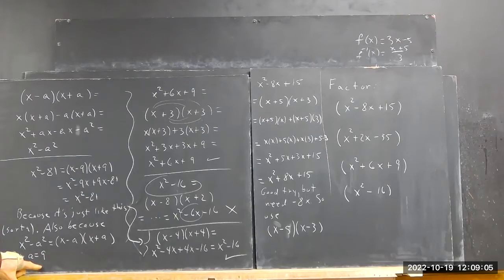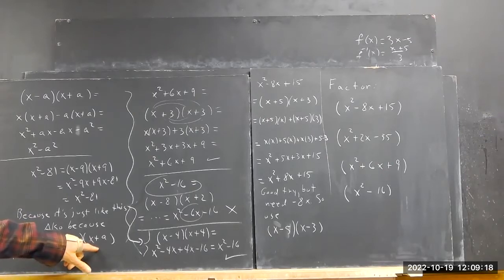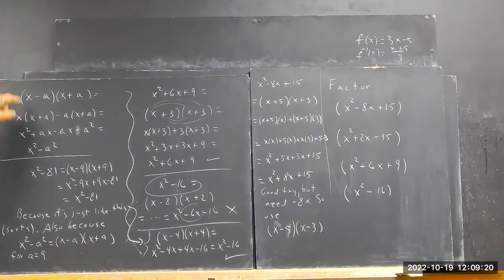If a equals 9, then x squared minus 81 is x squared minus a squared. And x squared minus a squared always factors to x minus a times x plus a. We just proved that this and this are always equal. We started with this and proved that it equals this, but equality is reflexive. If a is equal to b, then b is equal to a. So if this is equal to this, this has to be equal to this, right?